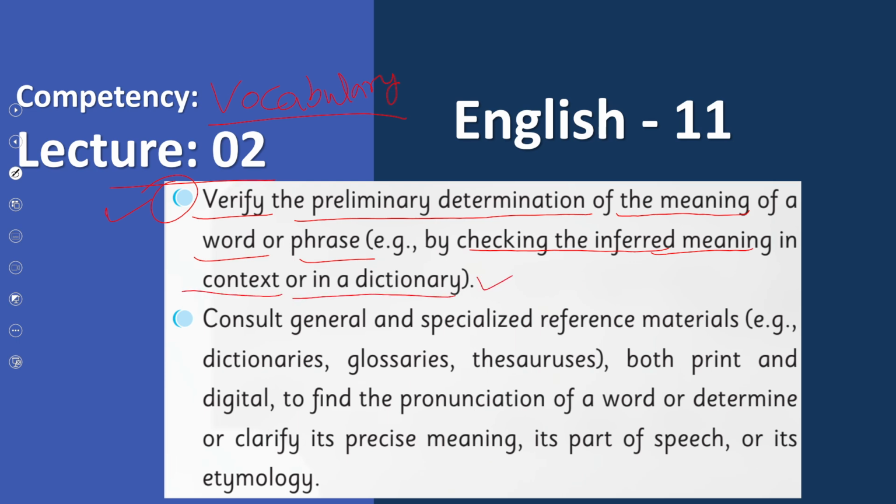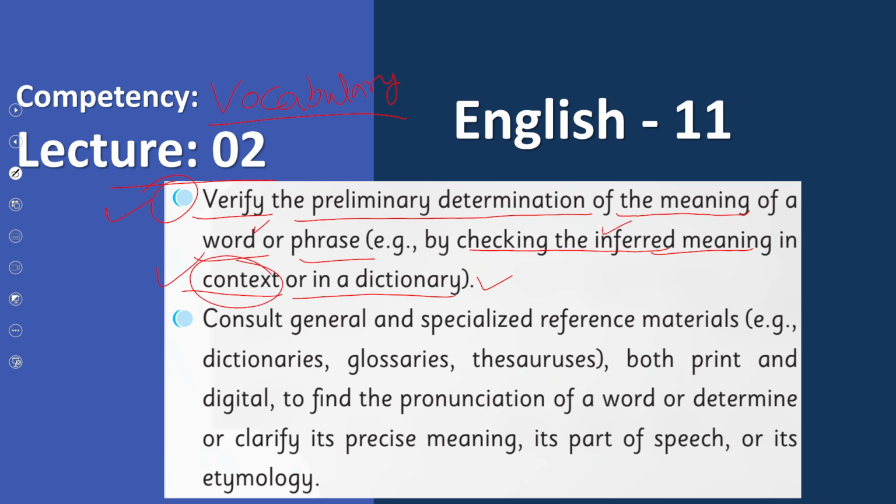dictionary. Students, when we are talking about reading comprehension, a very important thing is that we understand what we read. And sometimes we get stuck on difficult words or unknown words. So, how do we find the meaning of these words as we are reading the text? We can do this by checking the inferred meaning or in context.